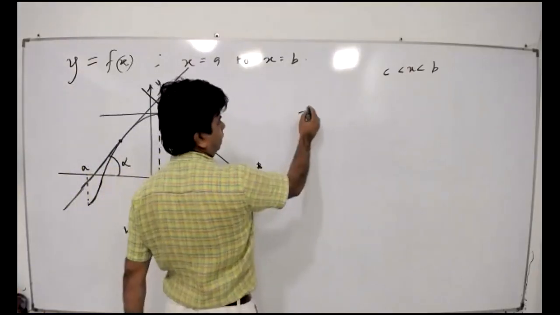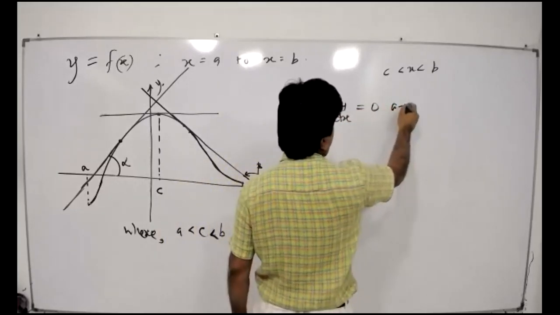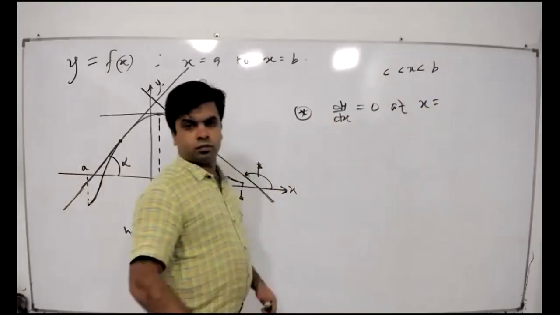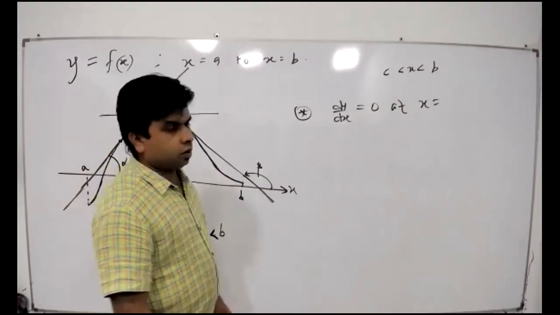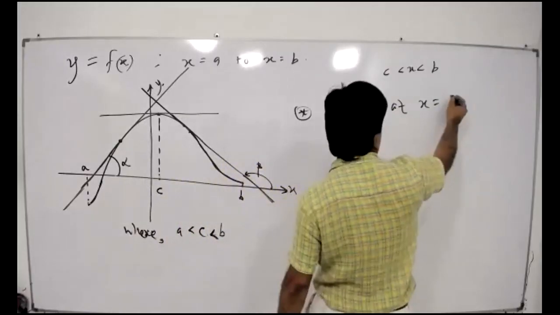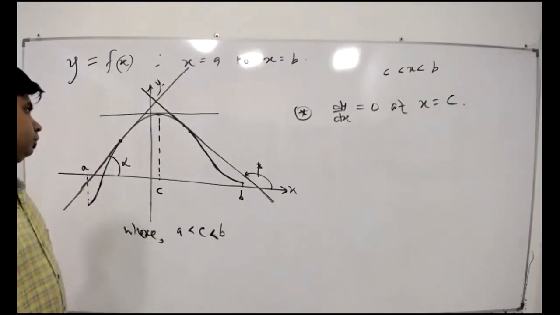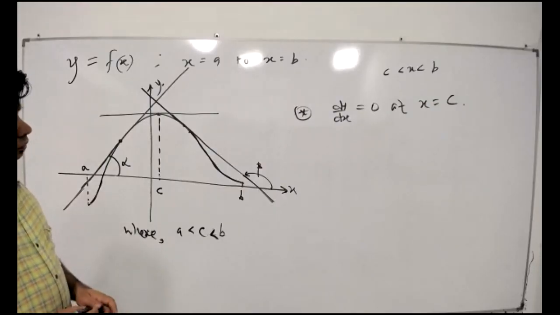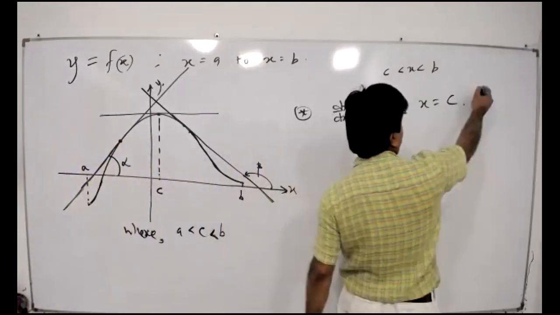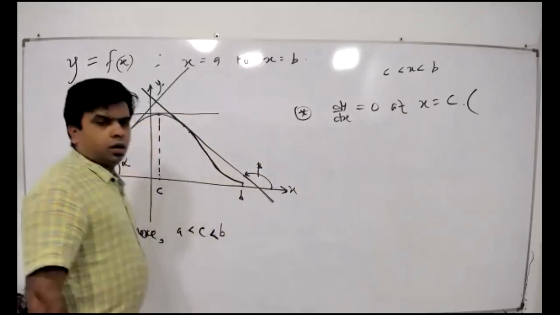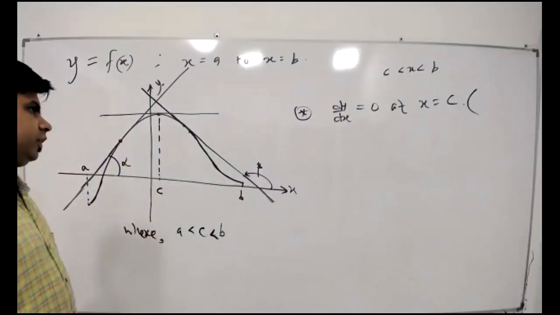Okay, then write down in the next line: dy by dx equals 0 at x equals c, and write within brackets because the tangent is horizontal.